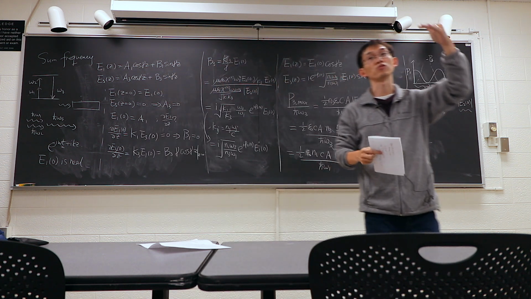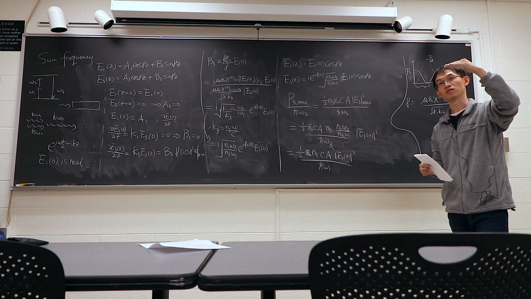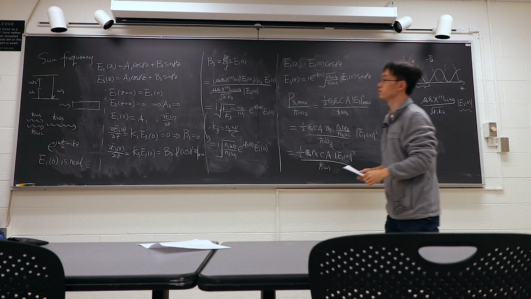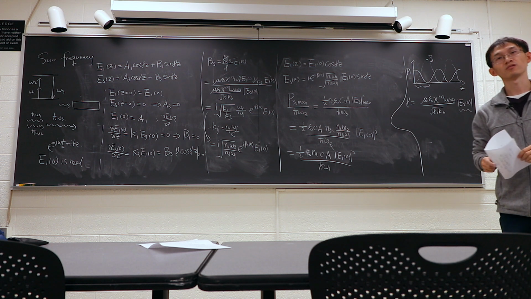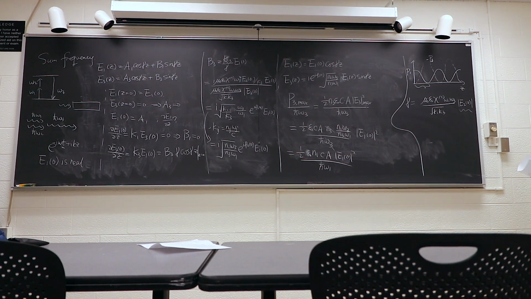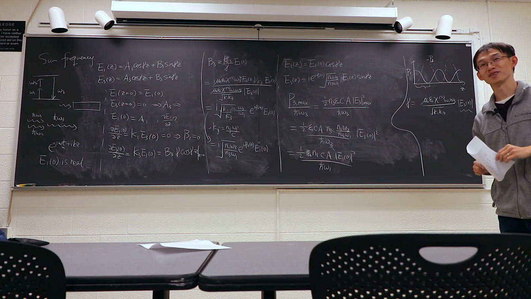And of course, that saturates at some point. I think for this type of calculation, maybe Mathematica can already do it for you. I'm not 100% sure, but you can try.